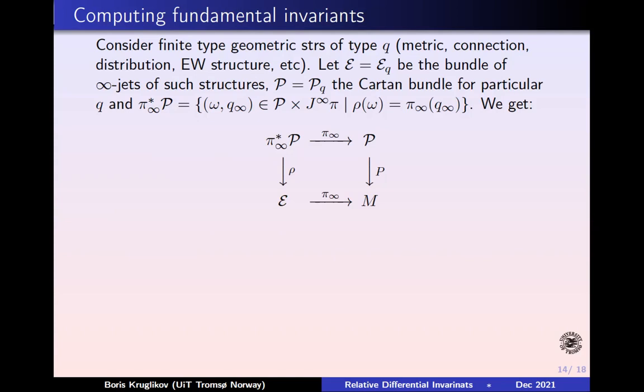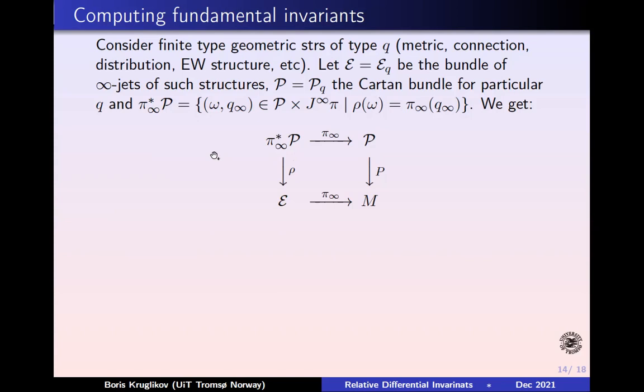Let E be the bundle of jets of such structures. Let P be the Cartan bundle for a particular such structure. Then the pullback of this P to the jet bundle, or to the equation of such structures, will consist of all possible Cartan bundles. And then of course infinite jets appear as a parametrization for normalizations. Then we get this commutative diagram.